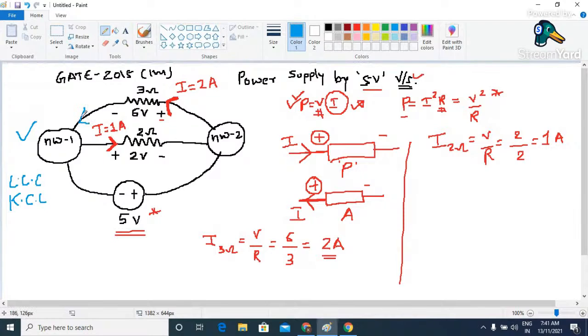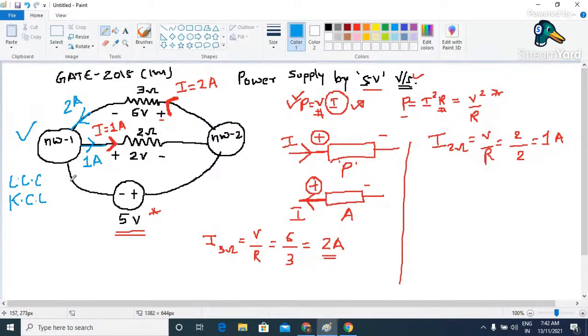At one branch we are having incoming current of 2 ampere, and from another branch we are having outgoing current of 1 ampere. If you apply Kirchhoff's current law over here, if you treat this as an incoming current of magnitude 2 ampere, this is going to be the outgoing current of magnitude 1 ampere.